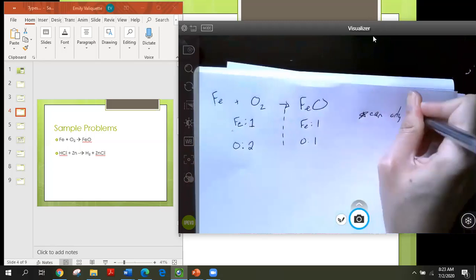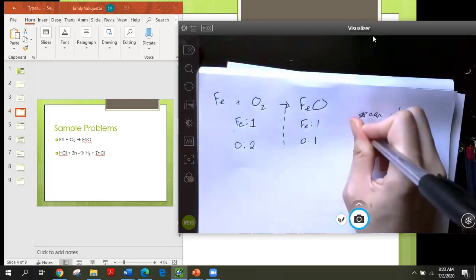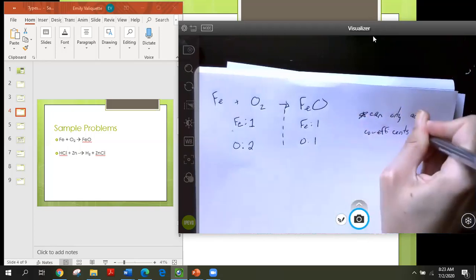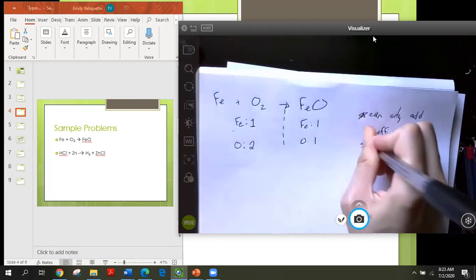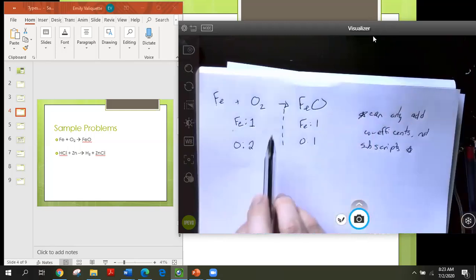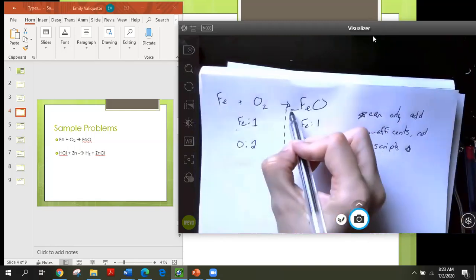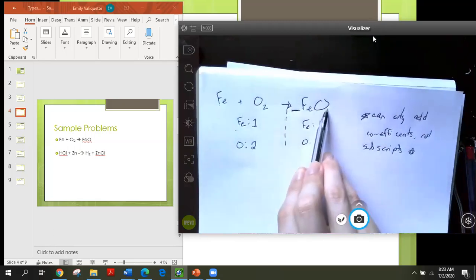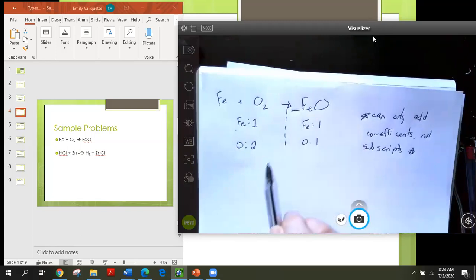Can only add coefficients, not subscripts. What that means is I can add a big number in front of a molecule. I cannot add any little numbers. So I can't just put a 2 here and say, okay, now I have FeO2.